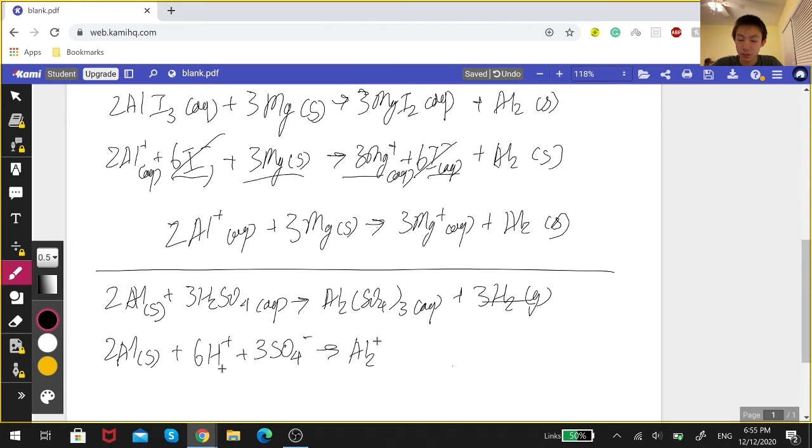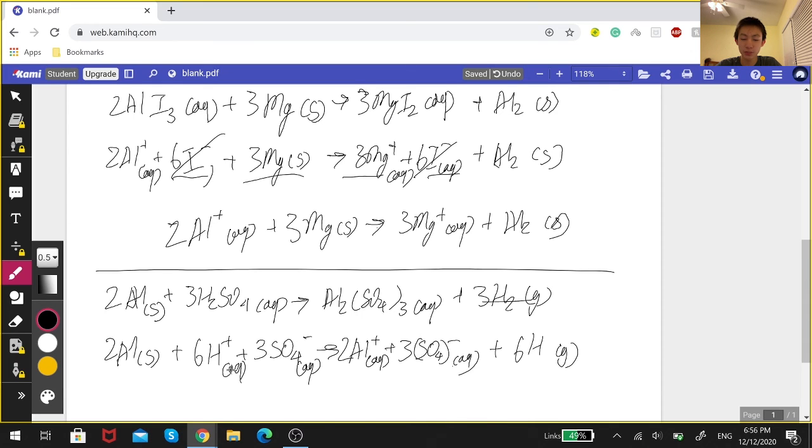It yields 2Al pluses plus 3 SO4 minuses, both aqueous, plus 3H2 gas. Again, anything by itself, not being bonded, has no charge. It will only have charge when it's bonded with something else, and only if both of them are bonded with something else will you cross them out.